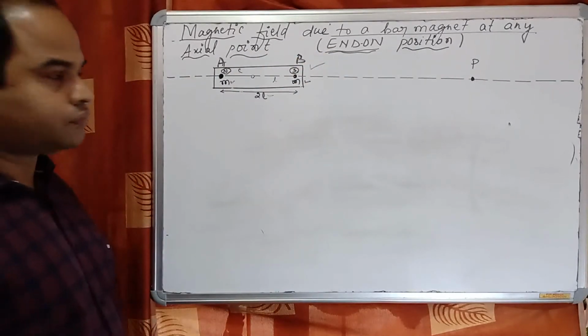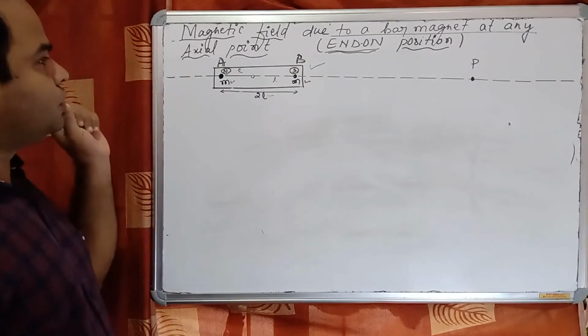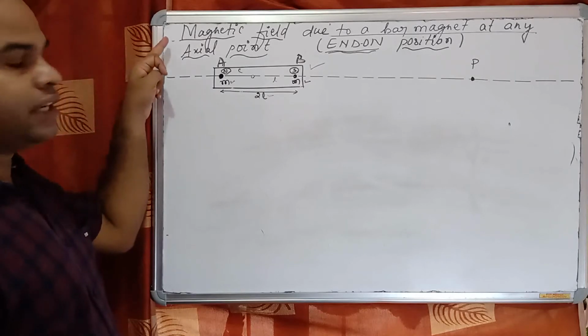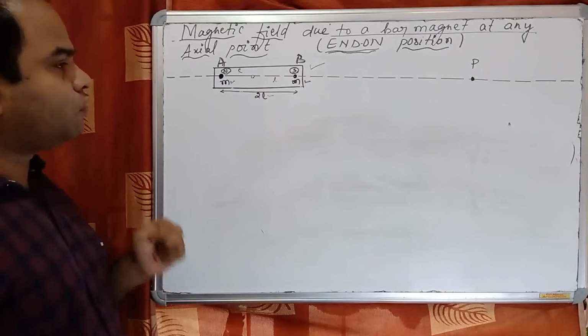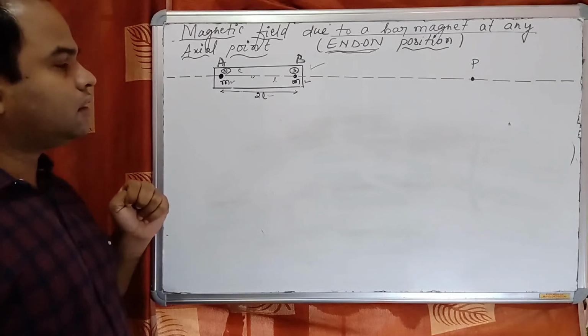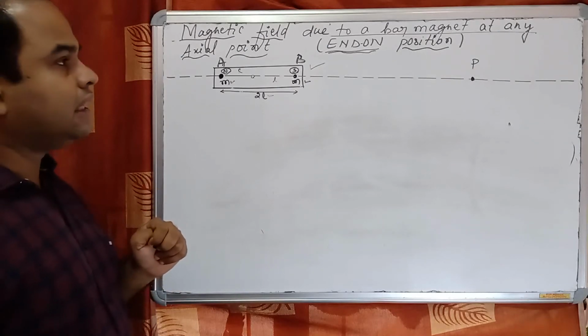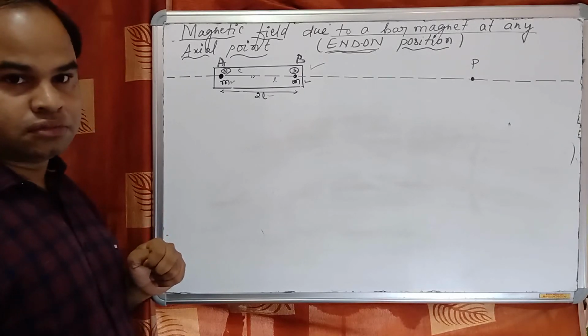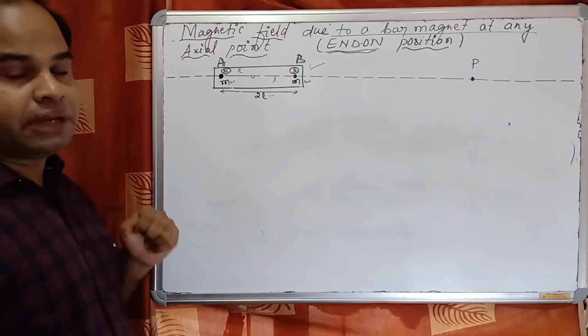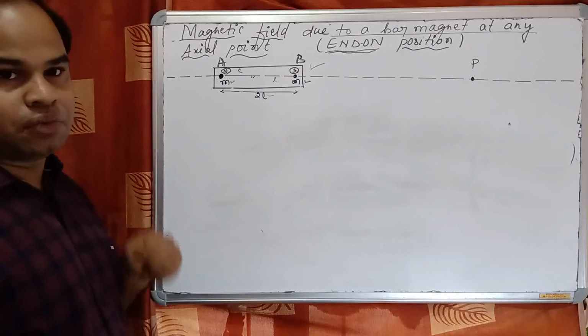As per the heading of this topic, we have to find the net magnetic field at any axial point.